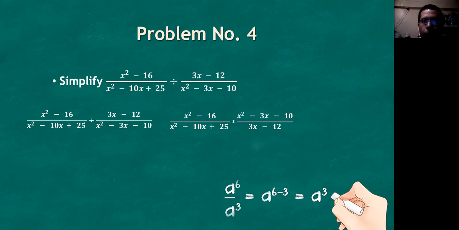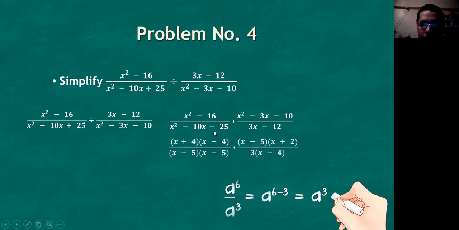Using our knowledge in special products and factoring, x plus 4 multiplied by x minus 4 are the factors of x squared minus 16 by difference of two squares. x squared minus 10x plus 25 is a perfect square trinomial, although we can also say that it's the quantity x minus 5 squared. We can use laws of exponents when simplifying the rational expressions. However, we can also do this because that's also the same.